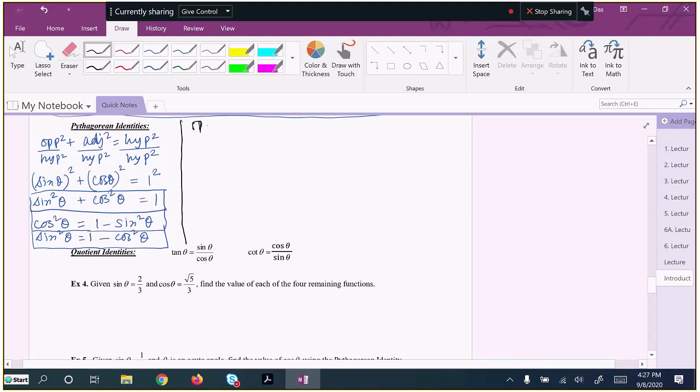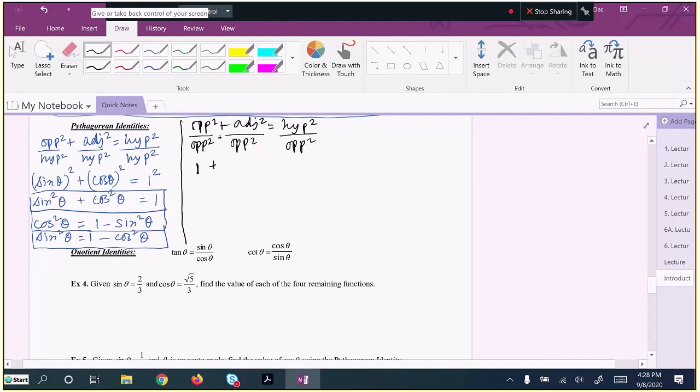So remember where we started. We started with opposite square plus adjacent square equal to hypotenuse square. Instead of dividing by hypotenuse, what if I divide by opposite square? All three of them divide by opposite square. Opposite over opposite is 1, so it's 1 square, but I'm going to just write down 1.